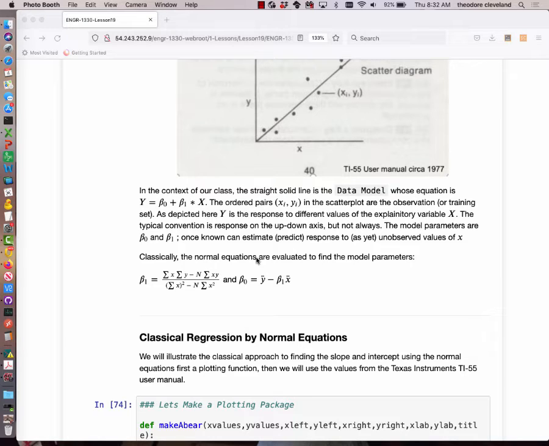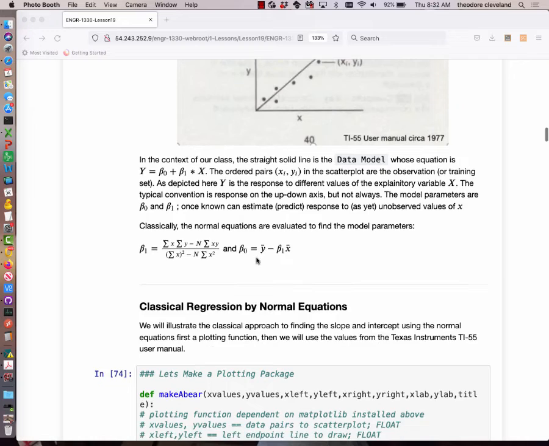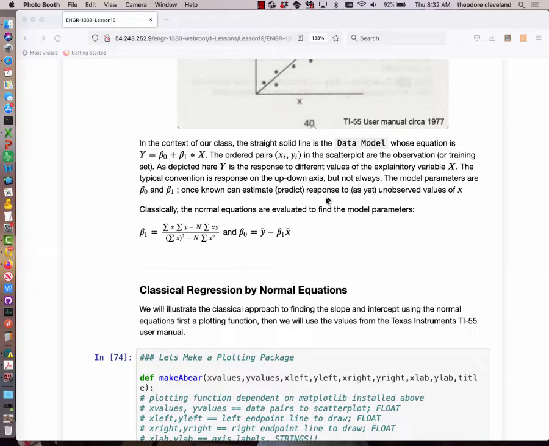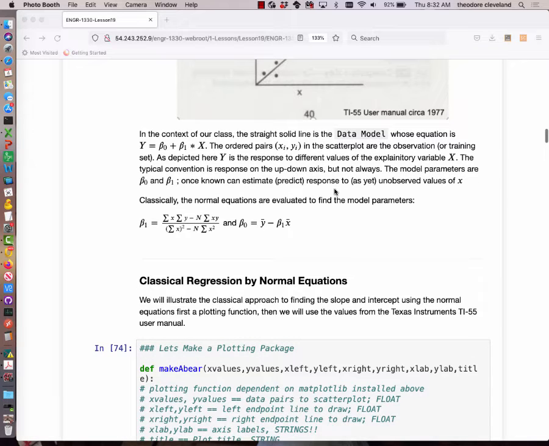That'll serve you mostly well unless you take civil engineering classes, where one of our variables of interest is usually depth. And because we think funny, we plot depth on the up-down, and we're using depth to predict things. So civil engineers are certainly different in that respect, and probably the other disciplines are in their own way too.